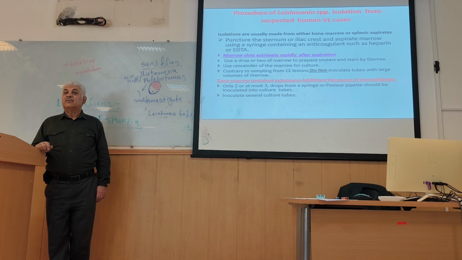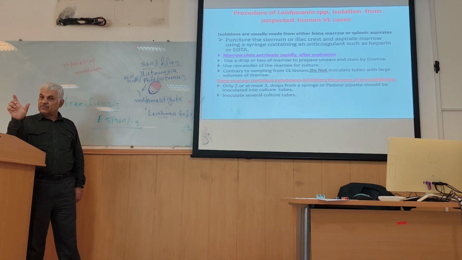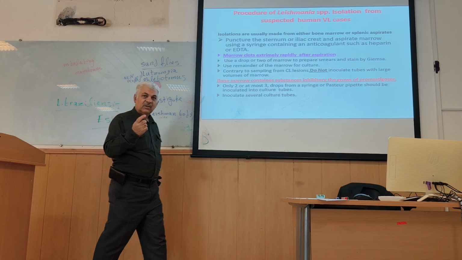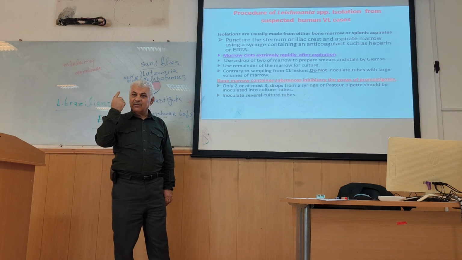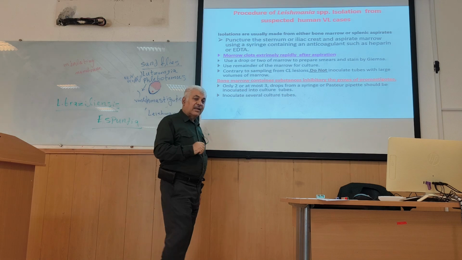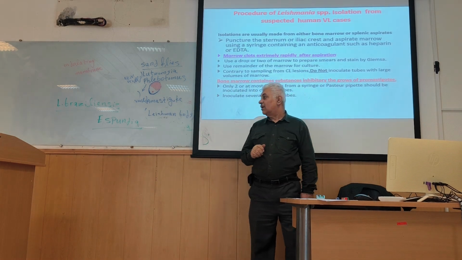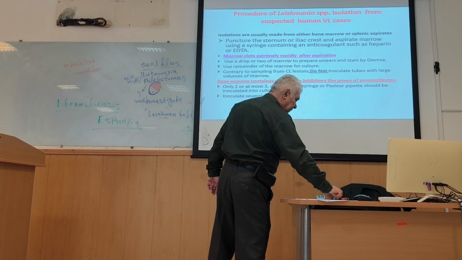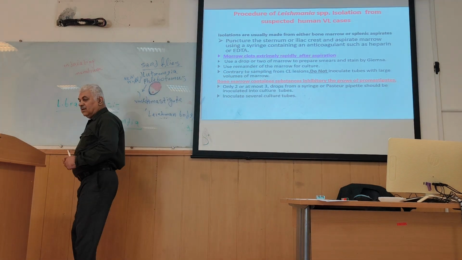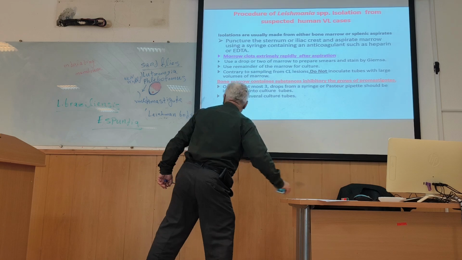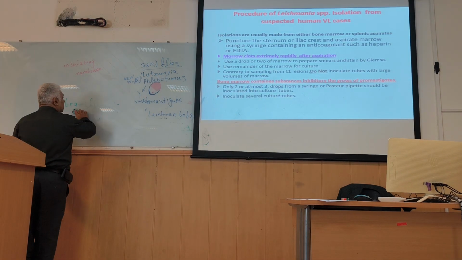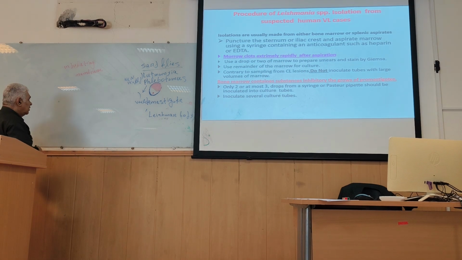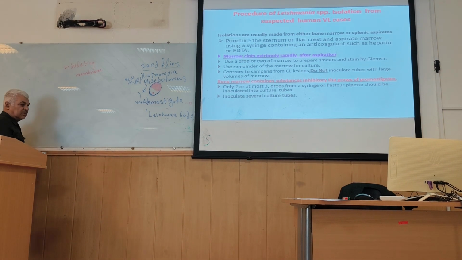And then we fix the microscopical slide with absolute methanol. One minute is enough. And then stain with Giemsa. Giemsa is an appropriate staining for all parasitic agents in the peripheral blood.